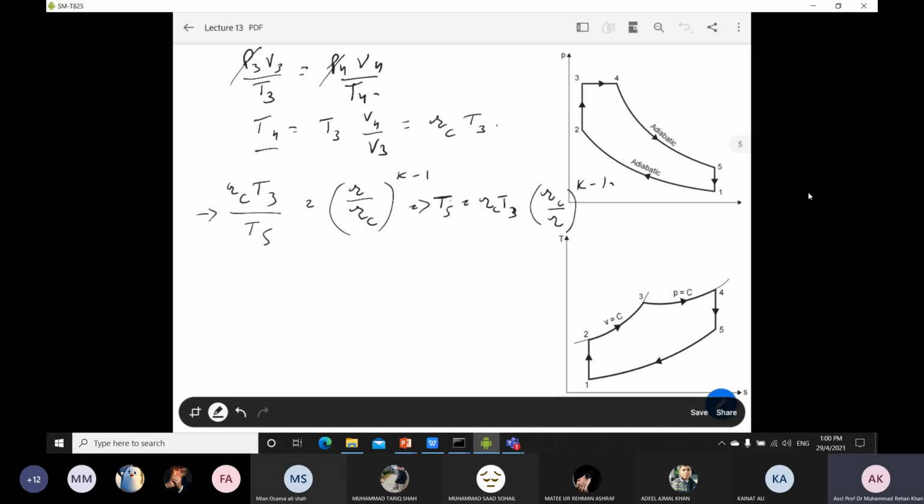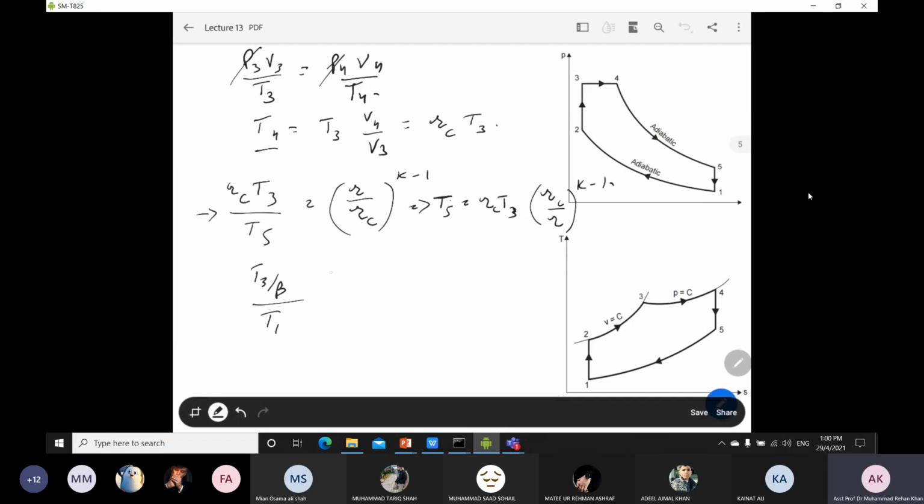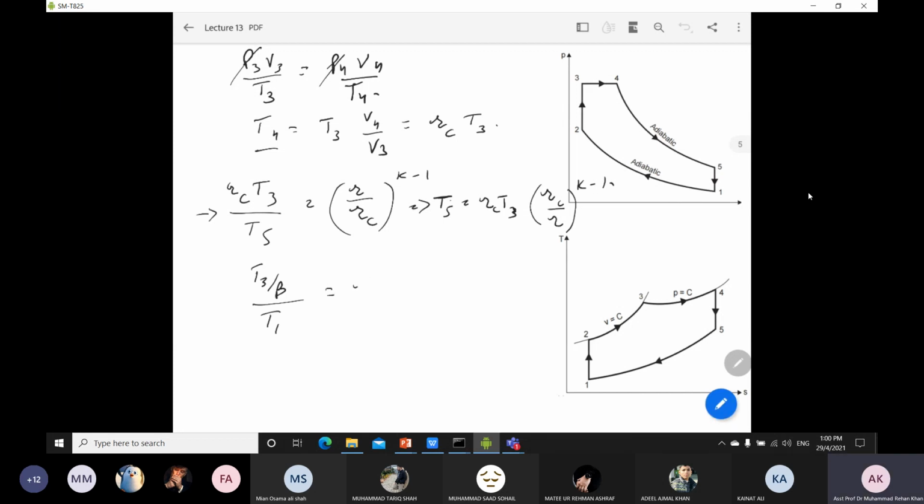And that turns out to be T3 over beta over T1 is equal to R to the power K minus 1. And from here I can say T1 is equal to T3 over beta, pressure ratio, times 1 over R to the power K minus 1.